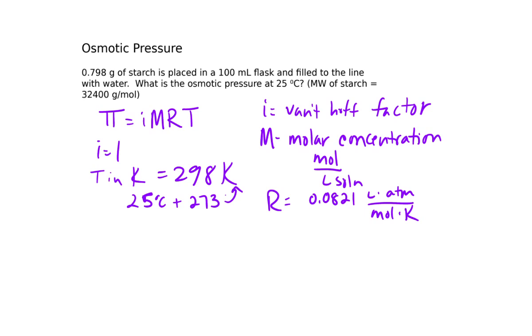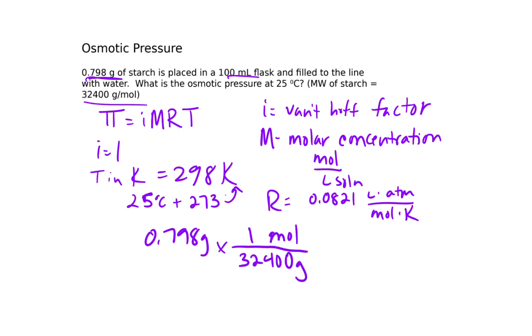You're given grams of starch, a molar mass, and a volume. To find our molarity, we first have to find moles of the starch. So we'll have 0.798 grams of starch times this molar mass, which is 1 mole over 32,400 grams. So we're essentially dividing by the molar mass.